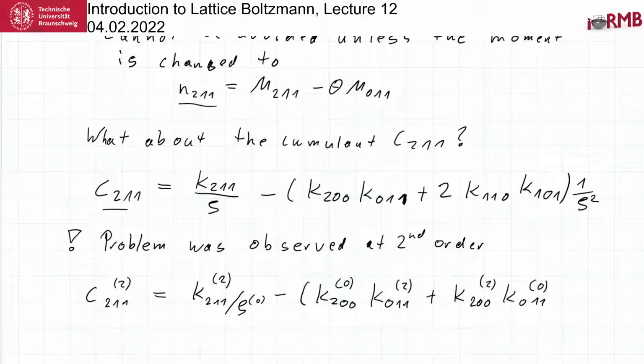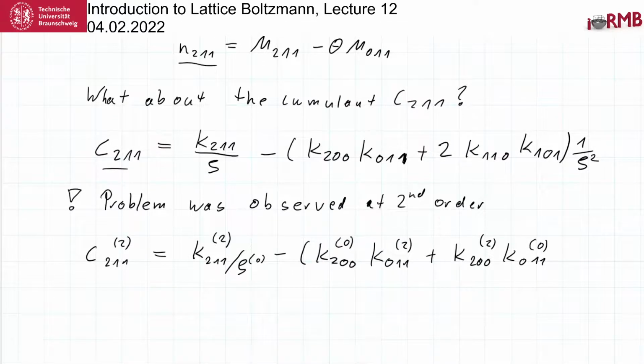What we could still have in theory is K200 first order times K011 first order. However, since these are even moments, they only have even order, so we do not have to consider this. It doesn't exist.